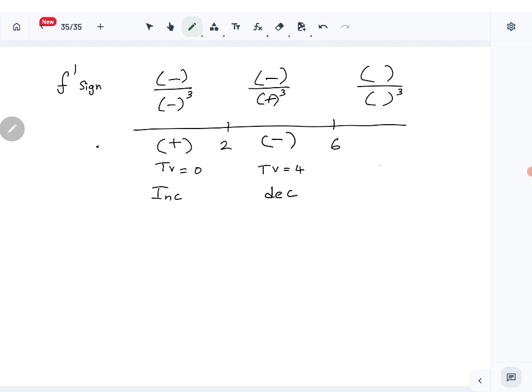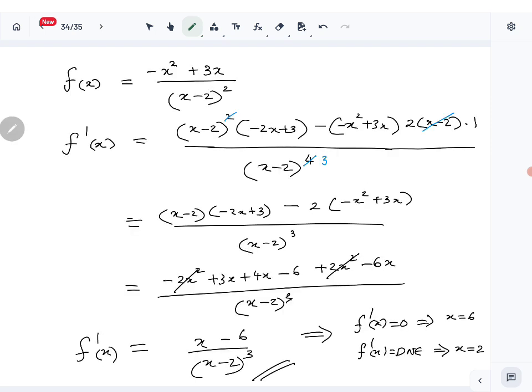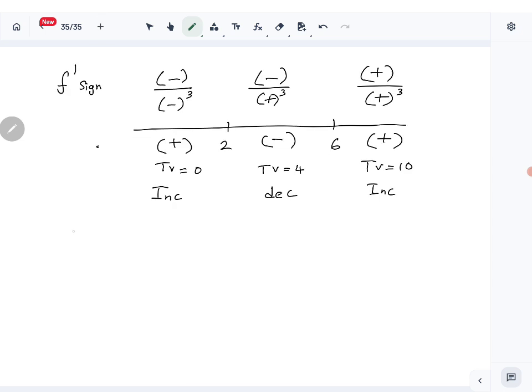Then the final interval, greater than 6. So let's put 10. 10 minus 6 is positive, positive, positive. So it is increasing in that interval, right? So then we have the increasing intervals and decreasing intervals.